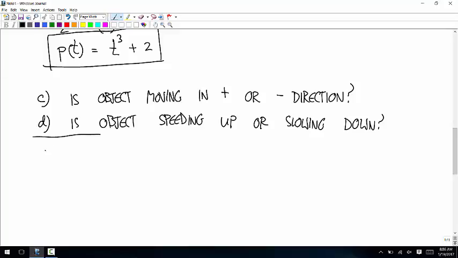Okay, so how do we know whether it's moving in the positive or negative direction? Which of these functions tells us the direction that it's moving? Actually, what we want to look at is the sign of the velocity function. So the sign of the velocity tells us the direction of motion.